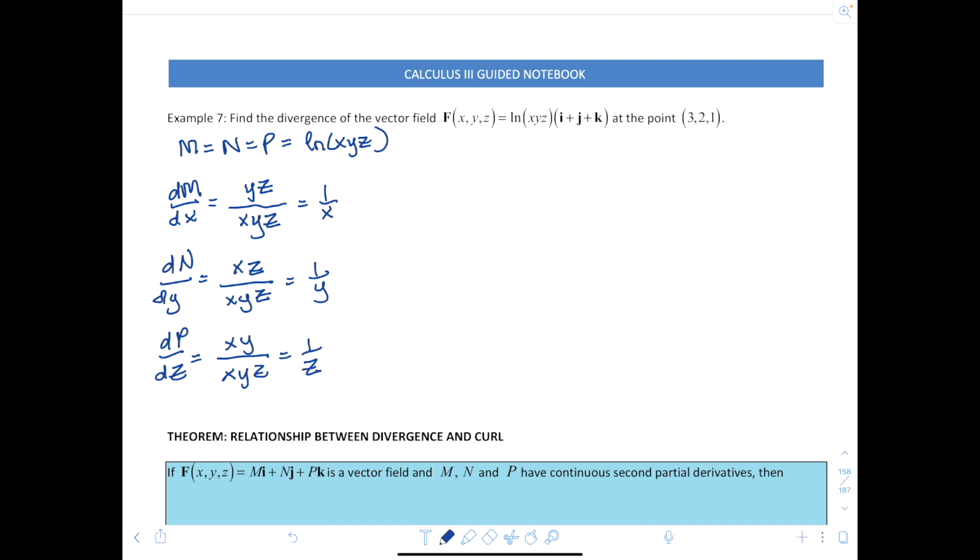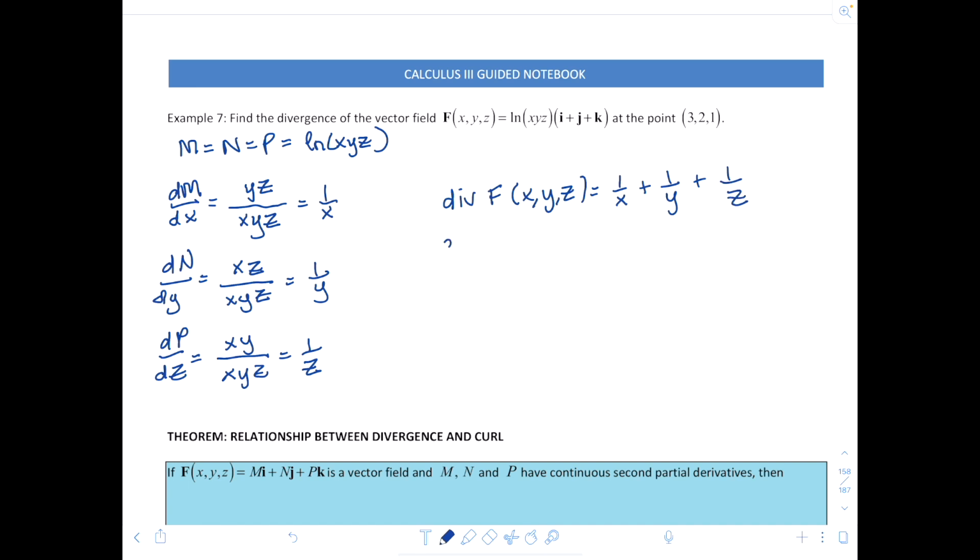Groovy? So the divergence of f in terms of x, y, and z is equal to 1 over x plus 1 over y plus 1 over z.